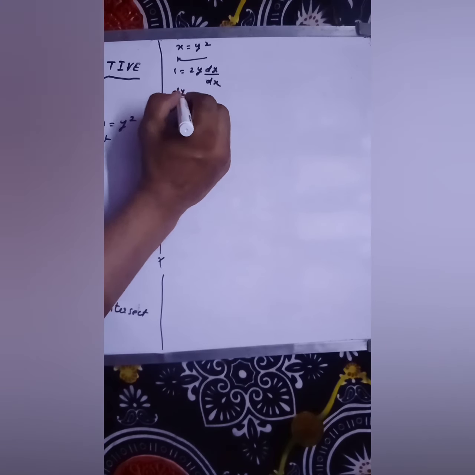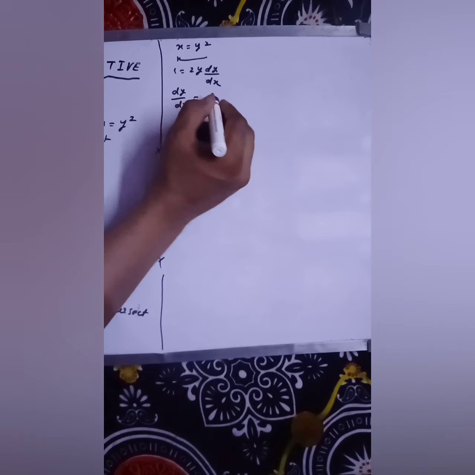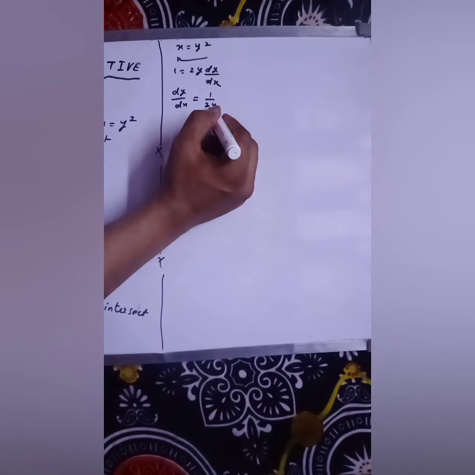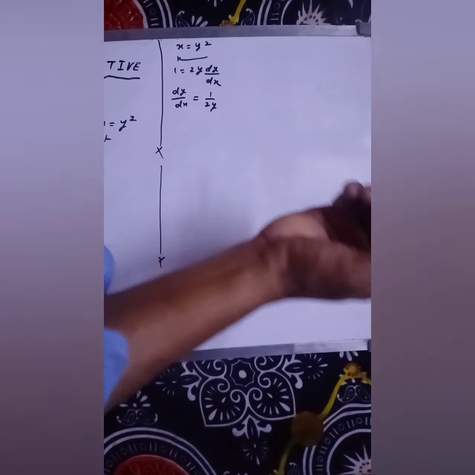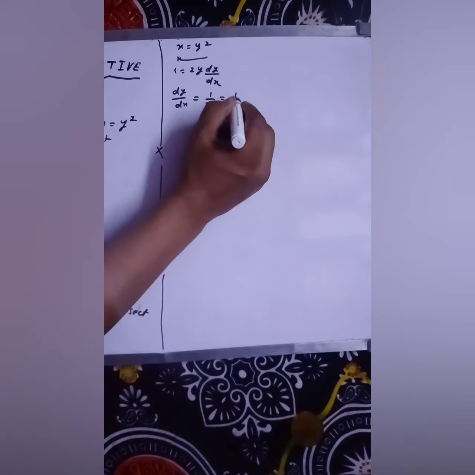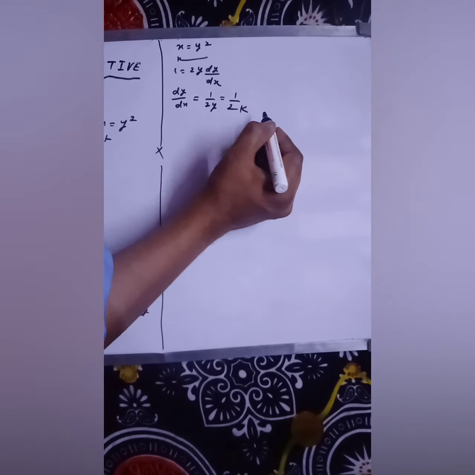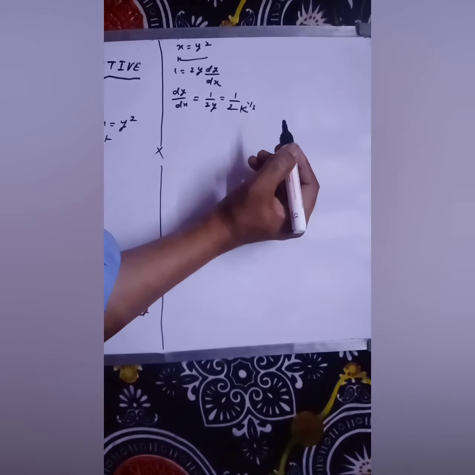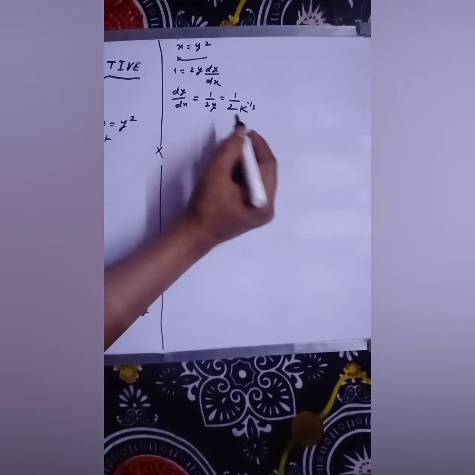Okay, so your dy by dx would be equal to 1 upon 2y. Fine. So here you have to put the value of y. So the value of y is 1 by 2 k to the power 1 by 3. This is the value of y which you have to put.